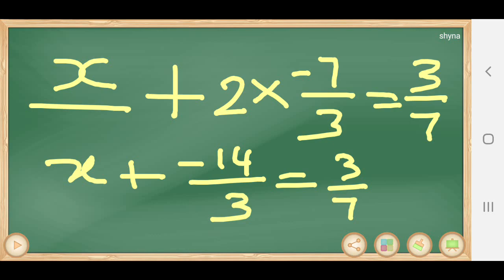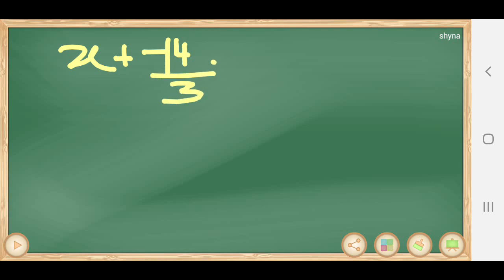In the last class we studied how to solve an equation once you have it. Now try to solve this: x plus minus 14 by 3 equal to 3 by 7. To solve this type of problem, let the variable stay on one side and the numbers on the other side.